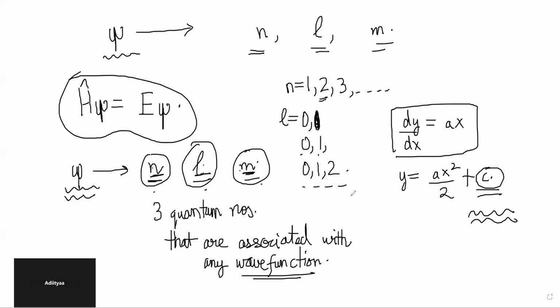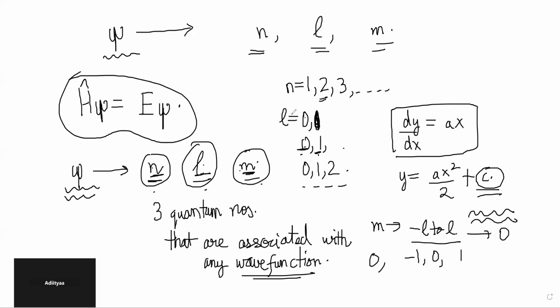And M can go from minus L to L, right? So when L is 0, M will only be 0. When L is 1, it can be minus 1, 0, or 1, right? For this one, and 0 for the other one, right?